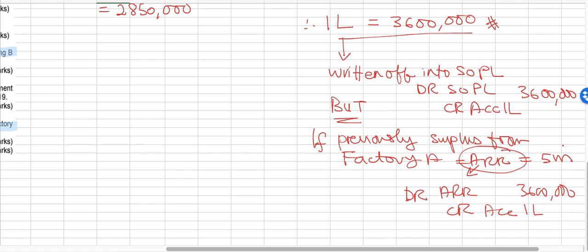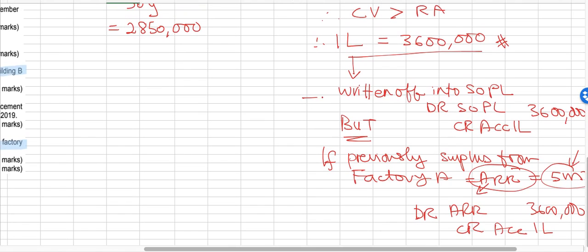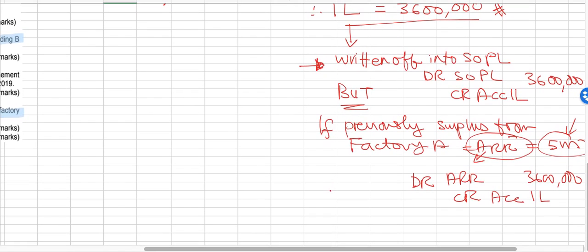Because your ARR is much higher, 5 million, you will use up 3.6 million. So the ARR balance is reduced to 1.4 million. This is the treatment. The normal treatment would be debit SOPL and credit accumulated impairment loss. But previously, if you have surplus and you have an ARR account, then you will debit your ARR.